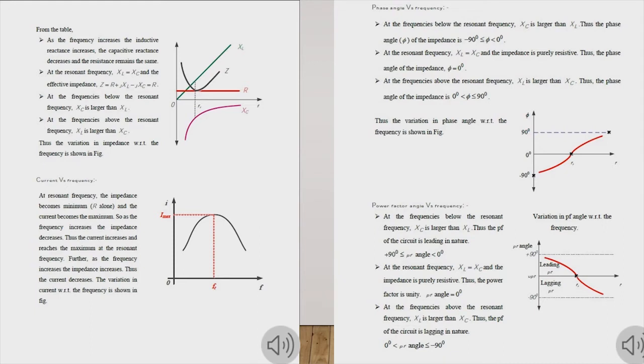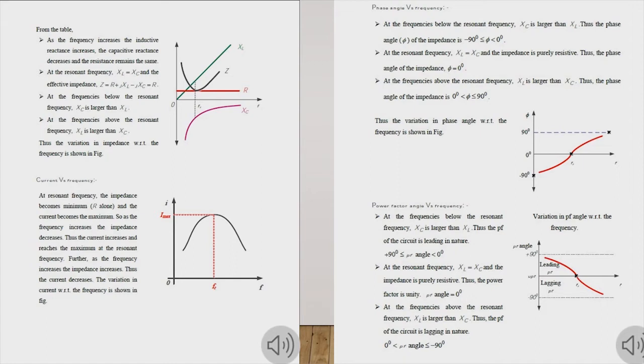At the resonant frequency, XL equal to XC, and the effective impedance Z equal to R plus jXL minus jXC equal to R. At the frequencies below the resonant frequency, XC is larger than XL. At the frequencies above the resonant frequency, XL is larger than XC. Thus, the variation in impedance with respect to the frequency is shown in figure.